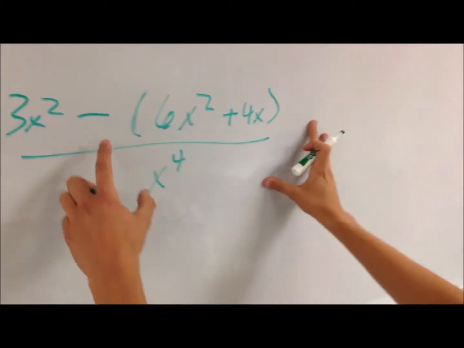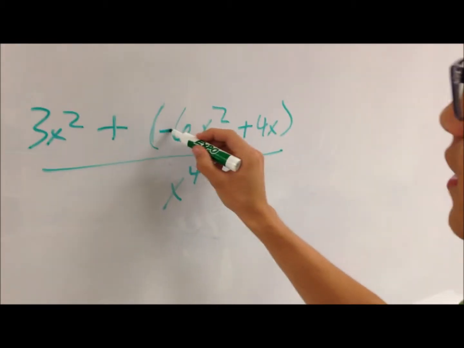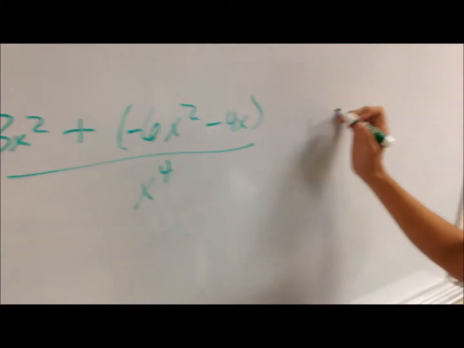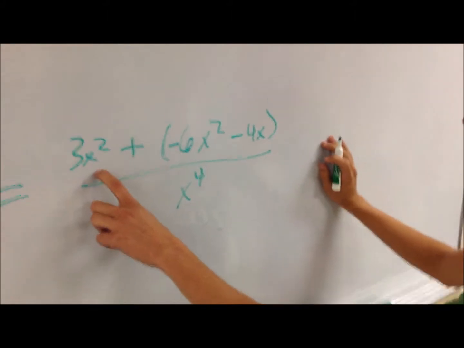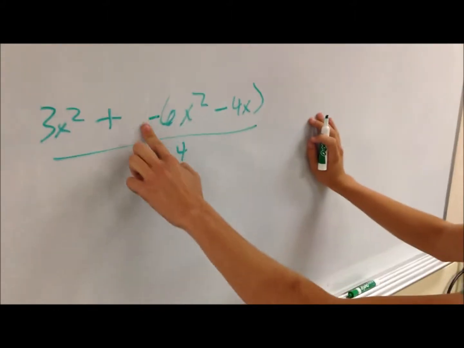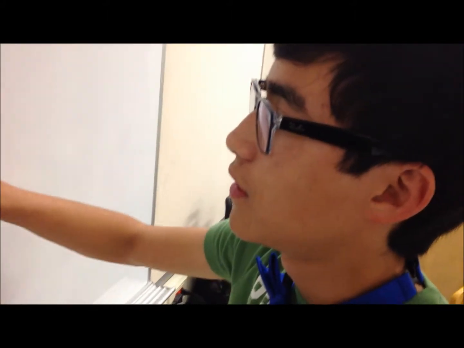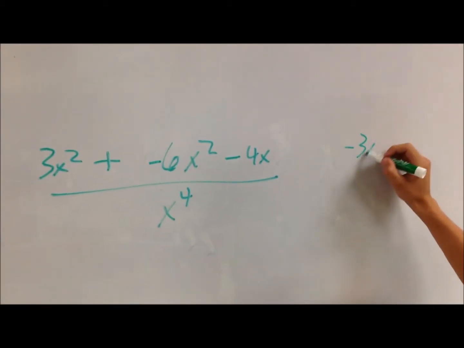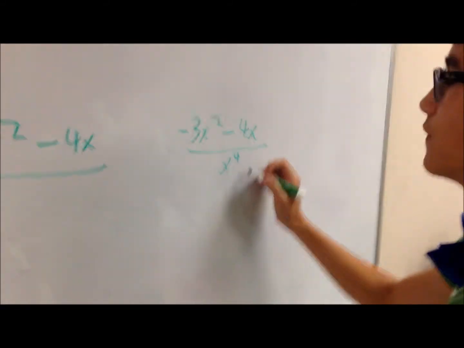Now you have to distribute the negative, so you have 3x squared plus a negative 6x squared, so you have negative 3x squared minus 4x over x to the 4th. Any questions, class?